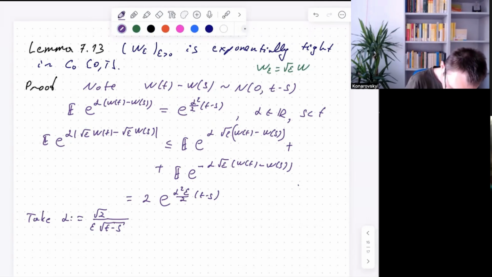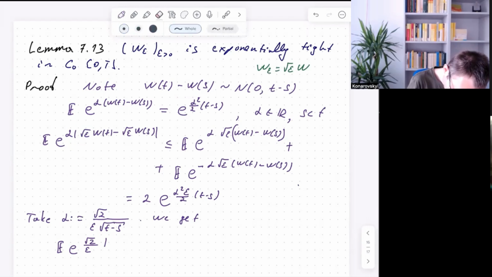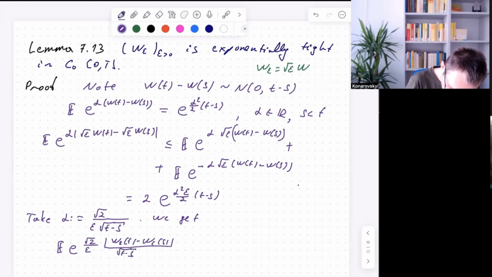And then we get that the expectation of e to the power square root 2 epsilon, and then you have the absolute value square of W epsilon t minus W epsilon s divided by square root t minus s, is less or equal than 2 epsilon.